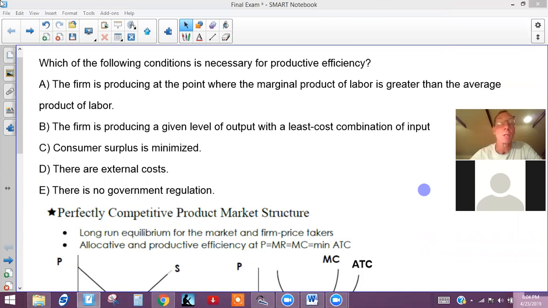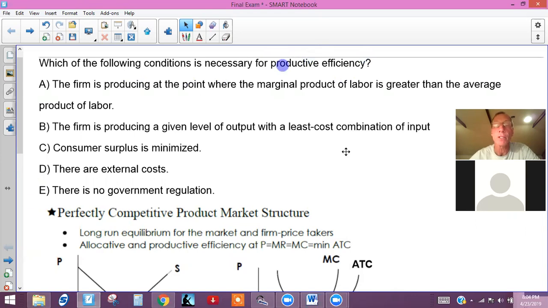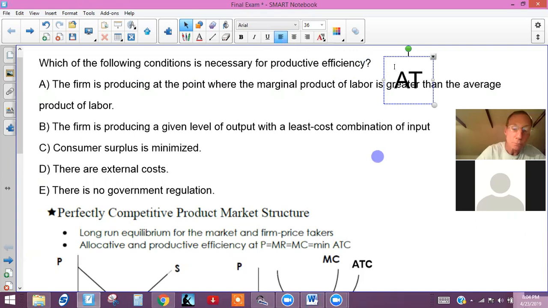So the question here is, which of the following conditions is necessary for productive efficiency? Now, right away, you should know that what this means is that average total cost equals price, okay?